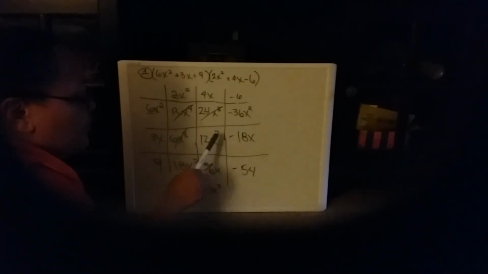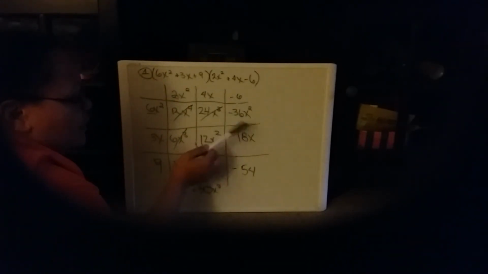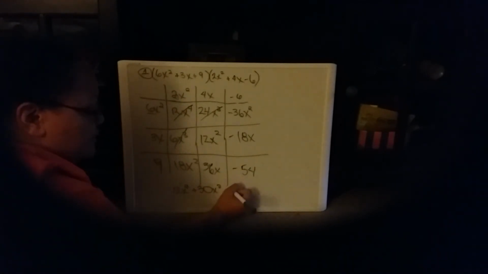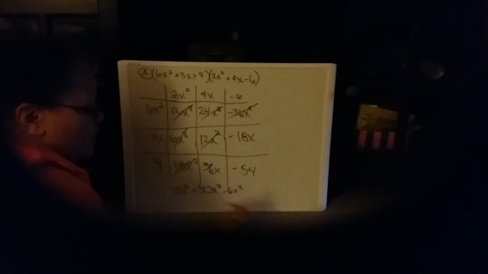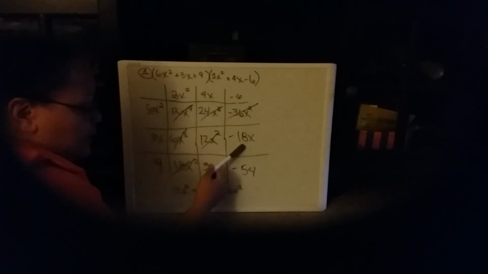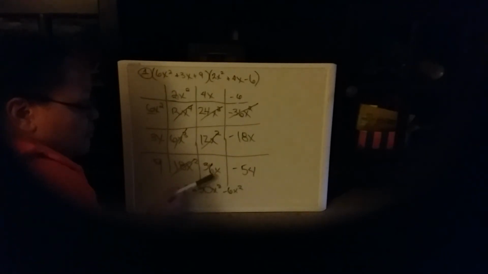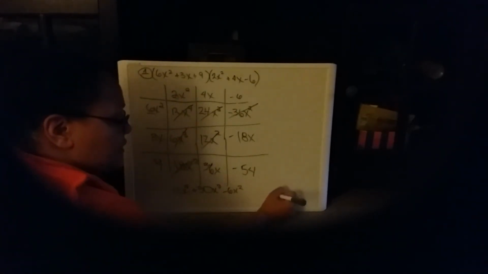Yeah. So these two are 30x squared minus 36x squared. So negative 6x squared. They can go now. Negative 18 plus 36. Oh my gosh, I cannot add and subtract to save my life.